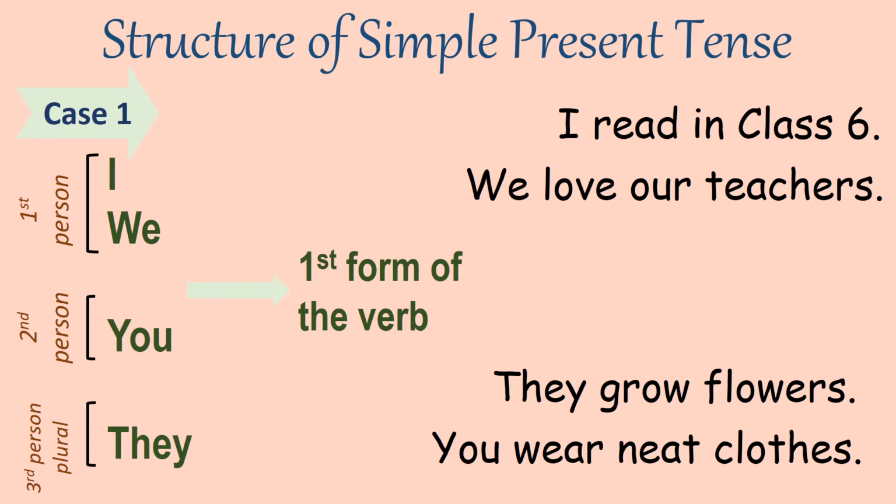The verb is being performed by the subject. The verb is read and the subject is I, who is reading. The verb is love and the subject is we. So you need to focus on the subject, which means the noun or the pronoun used, and the form of the verb.